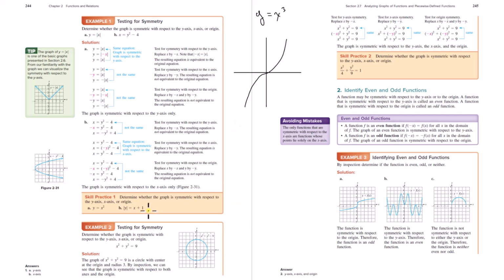It was the case that, if you come here, for this circle, you could do all three types of symmetry tests and they all check out. But this, it's just the origin case that checks out. So what's going on? Well, look, if we come to a point here and we check for symmetry about the x-axis, replace y with minus y. Come here. That point's not on the graph.